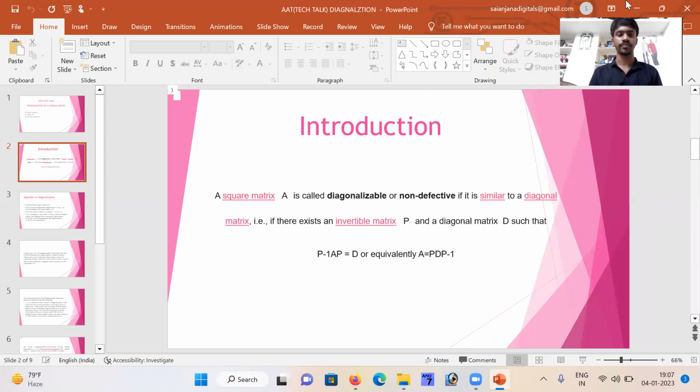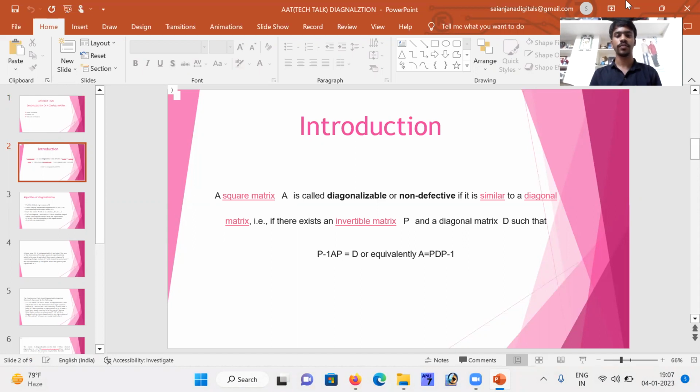The introduction. A square matrix A is called diagonalizable or non-defective if it is similar to a diagonal matrix.